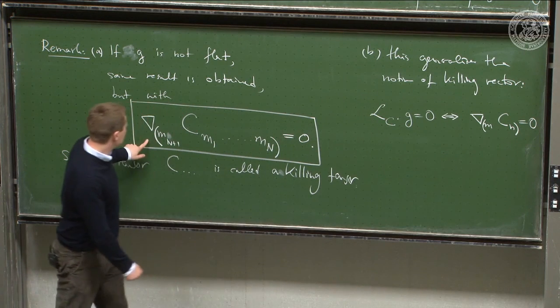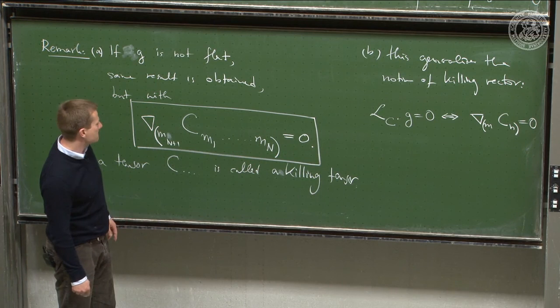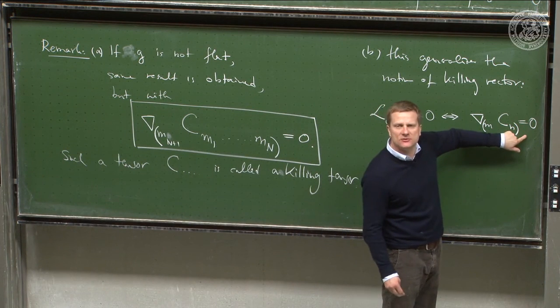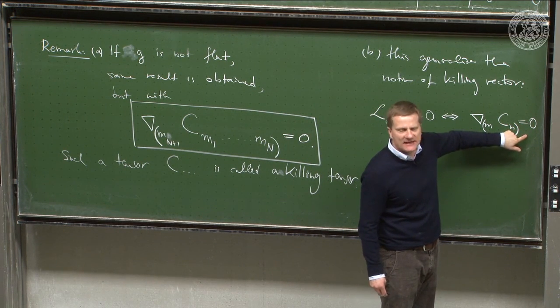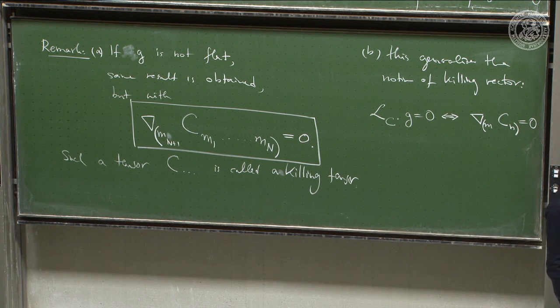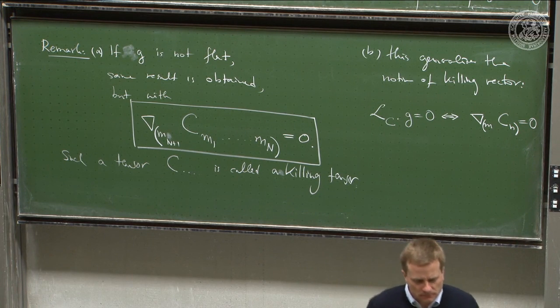And a Killing tensor can now, I don't think it can be written as a Lie derivative. Maybe it can. Anyway, it generalizes this condition. But not for generalization's sake, but because we derived this as the stopping condition for our expansion, right?